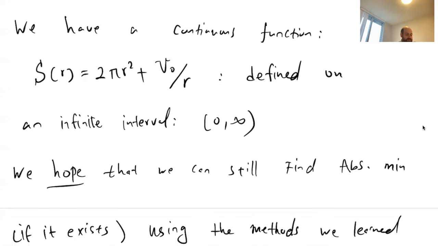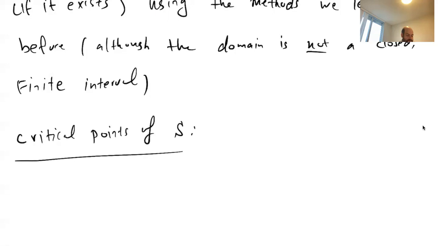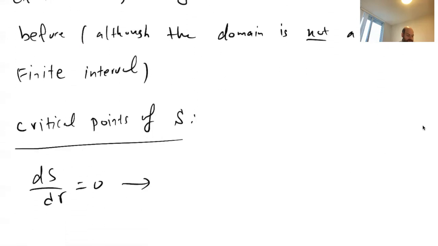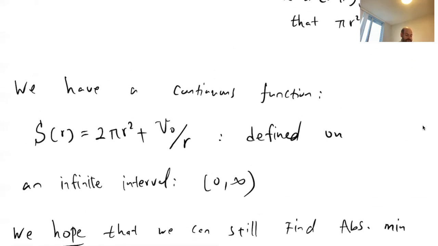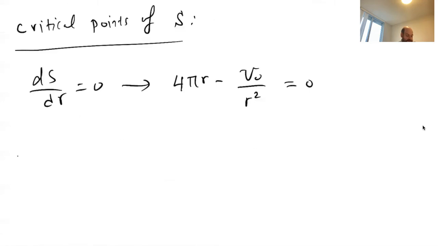So let's look at the critical points of S. dS/dR equals 0. That will give me 4 pi R minus V0 over R squared equals 0. This is the derivative of the function with respect to R. So 4 pi R equals V0 over R squared.